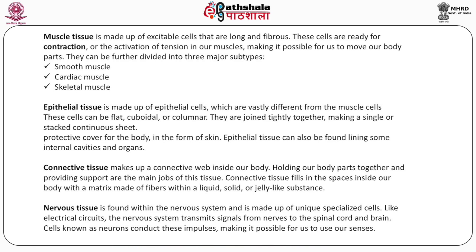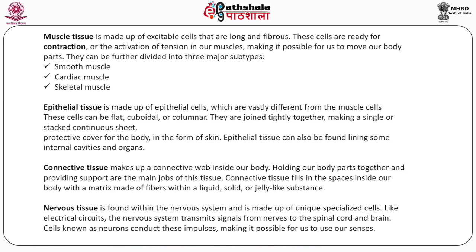The next tissue type is connective tissue, which makes up a connective web inside our body. Holding our body parts together and providing support are the main jobs of this tissue. Connective tissue fills in the spaces inside our body with a matrix made up of fibers within a liquid, solid or jelly-like substance.